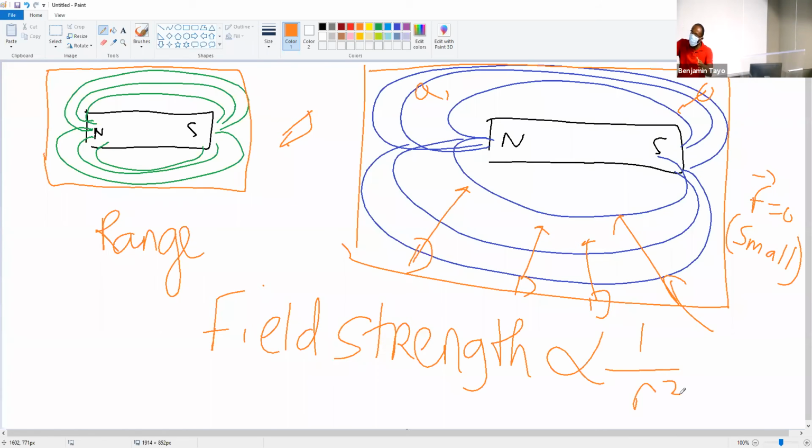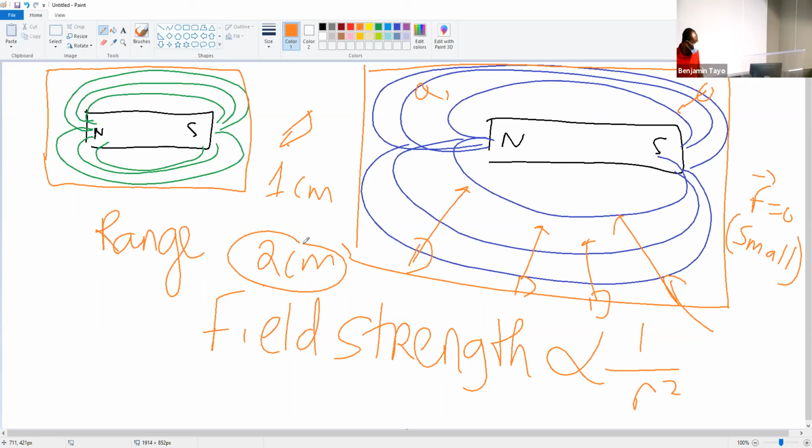So for example, at 2 centimeters away, the force is 1 over 4 times smaller. If you double the distance, the force reduces by a factor of 4. If you triple the distance, the force reduces by a factor of 9. If you increase the distance by 5, the force decreases by a factor of 25.